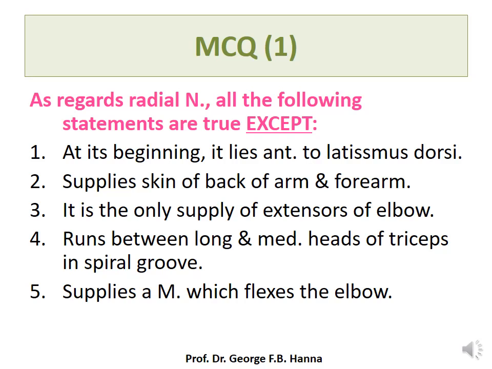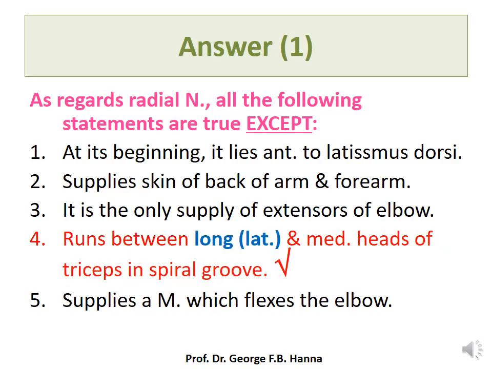Brachioradialis, what does it act? It acts to flexion of the elbow in semi or mid-prone position. So, oh yes. This is the wrong statement in the above 5 statements here. It runs between not long and medial, it runs between lateral and medial, so this will be the answer.